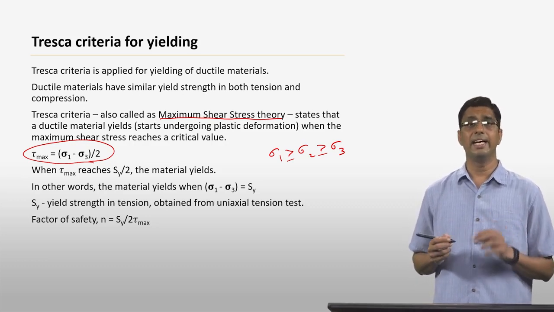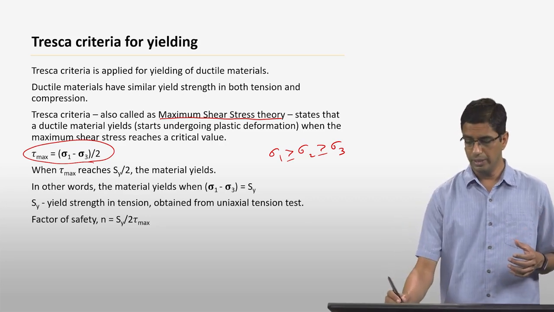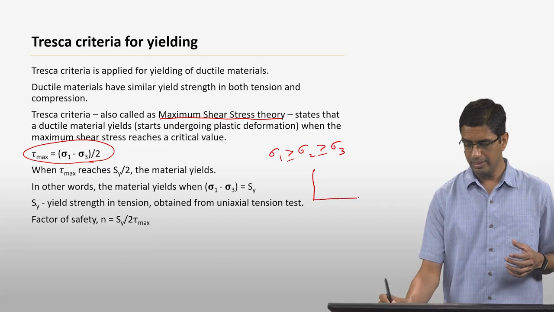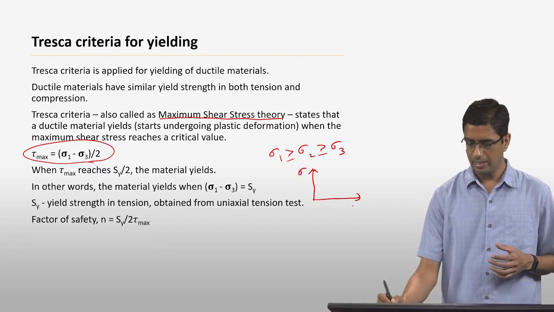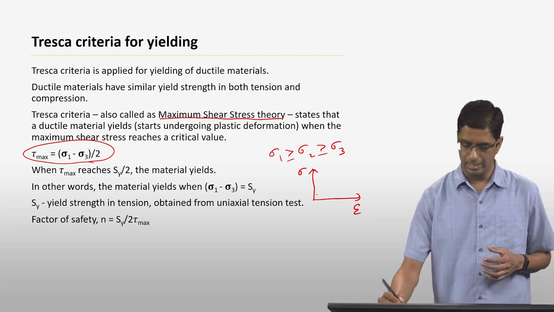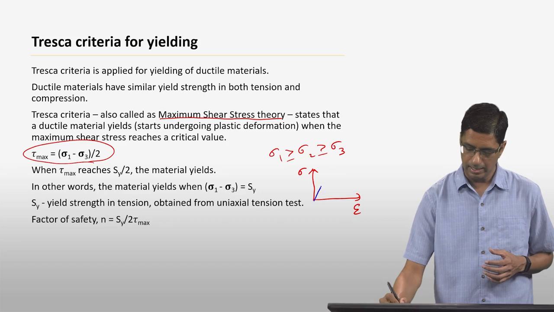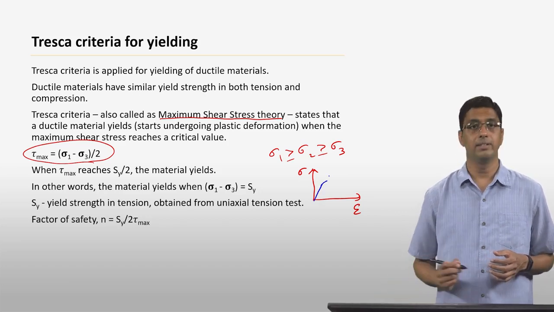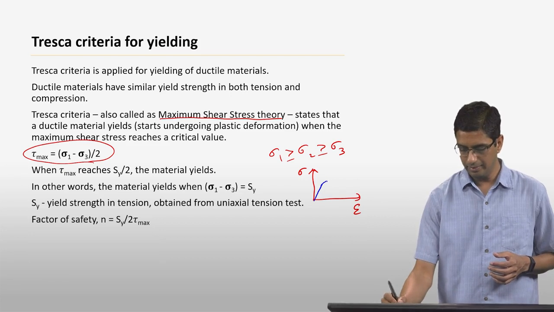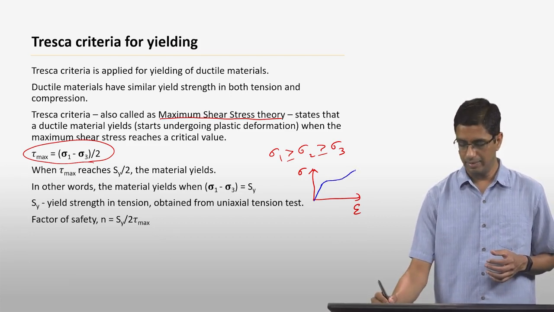Sy is the yield strength in tension that you obtain from a uniaxial tension test. So if you recall a stress strain curve for a ductile material, if this is sigma and this is epsilon, then initially you have an elastic region, then it becomes slightly nonlinear, then it starts to yield, and then it starts to strain harden, and then eventually necks and fails.